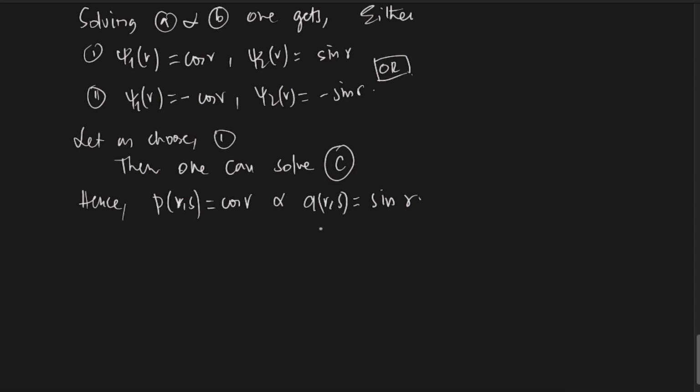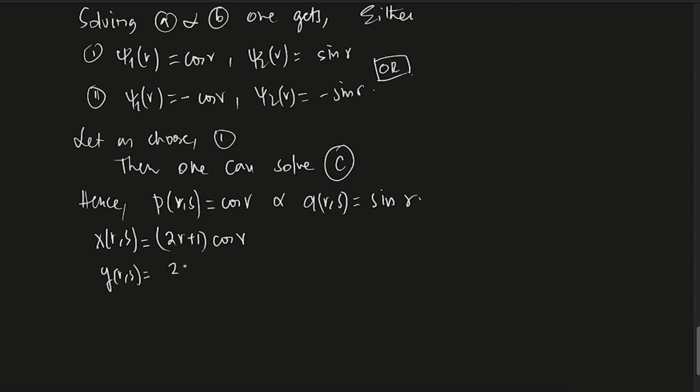Now I can also find what X, Y and Z are. For this, I am just going to write what X of R, S is. If I calculate this, I get 2S plus 1 times cosine of R. Please check this part, it is actually very easy to solve.